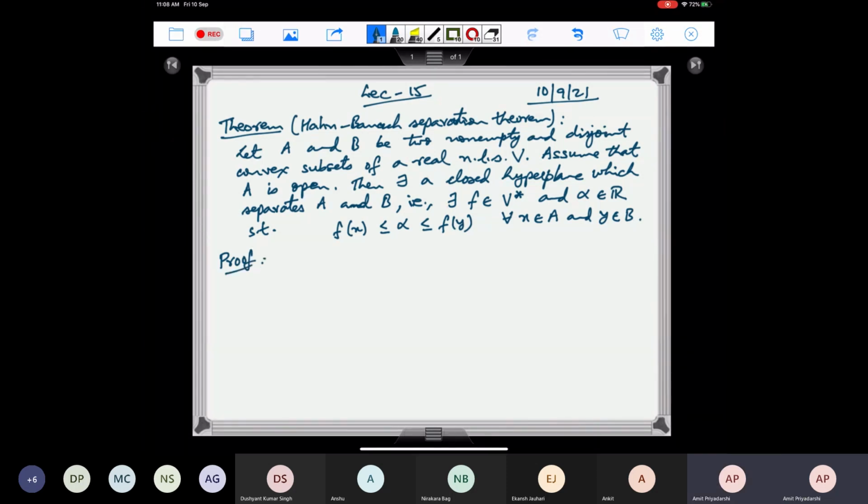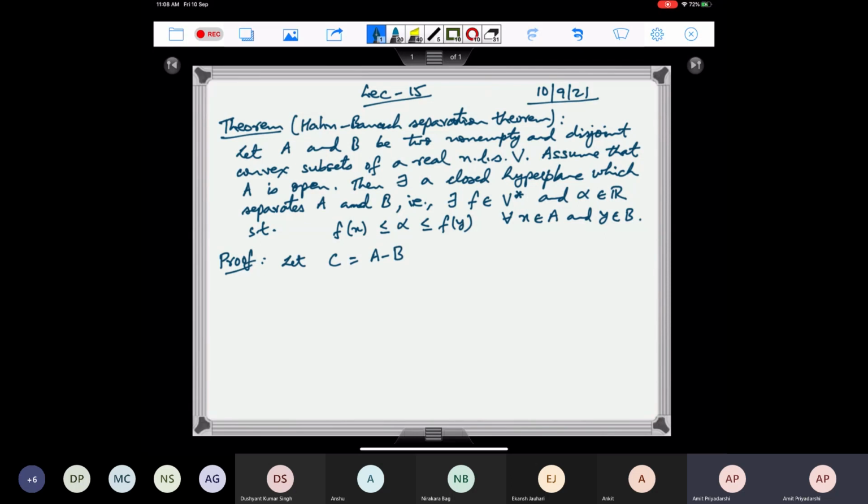So we are given A and B are disjoint convex sets. Suppose we take C to be the difference of A and B. So let C be equal to A minus B. What is the meaning of this A minus B? This is not the set difference, because these are in a vector space.